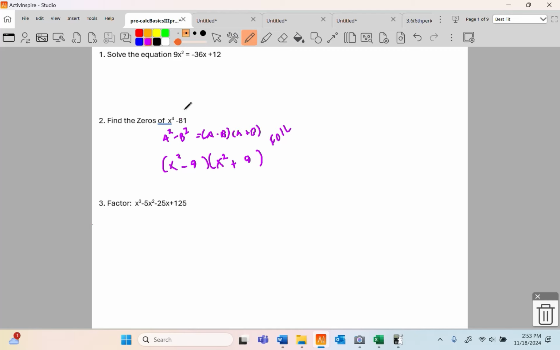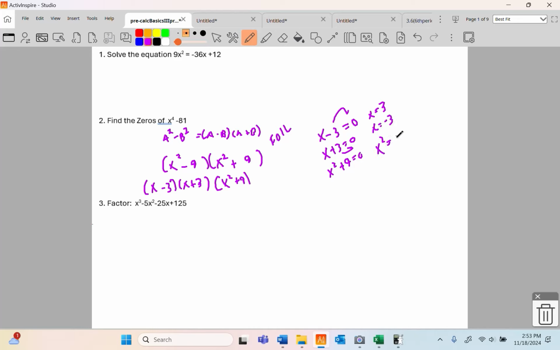You're not quite done. This guy will factor some more. It's x minus 3 and x plus 3 by the same logic as this one. And then we have x squared plus 9. So ZPP kicks in, x minus 3 is 0, x plus 3 is 0, and x squared plus 9 is 0. Now these guys are simple. x is 3, x is negative 3.